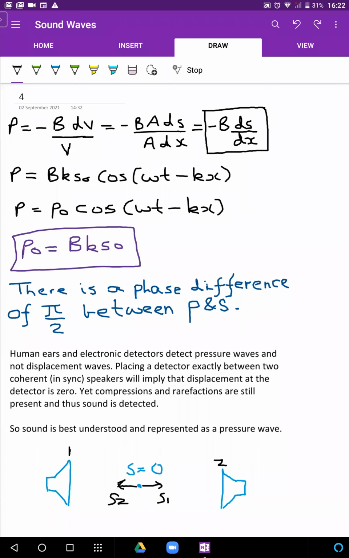And then our mind, in a way, I guess, processes that and enables us to hear the sound of that particular frequency. Okay. And I'm sure detectors also work in a similar manner.